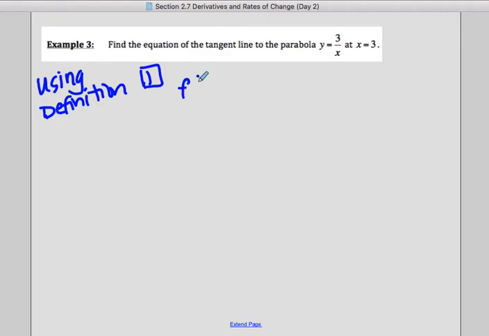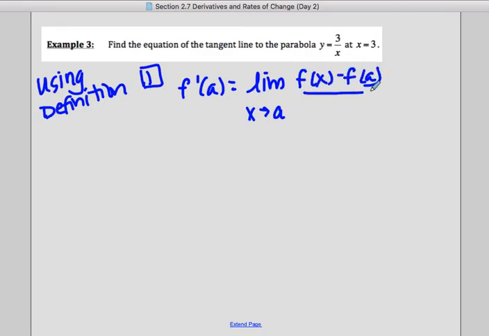Our derivative at a is our limit as x approaches a. Now careful, you guys, this one is not h, it's a, of f of x minus f of a all over x minus a. And in this case, a is equal to 3. Okay, so we're finding our derivative at 3.